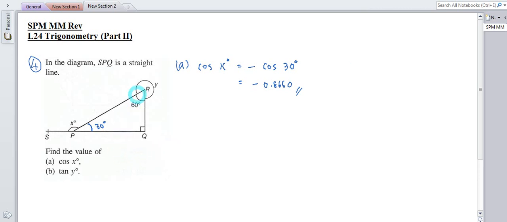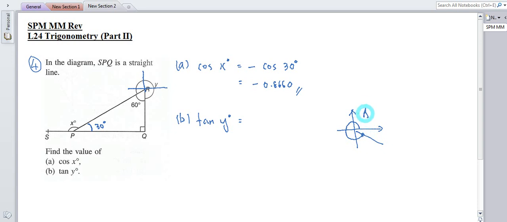Okay, now we go to tangent y. Tangent y. So which quadrant does this angle y fall on? So you cannot see, you can just simply draw this, extend it. You just imagine this first quadrant, second quadrant, third quadrant, fourth quadrant. Okay, so this angle actually ends up in the fourth quadrant.